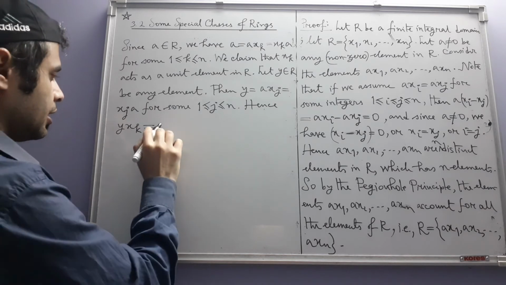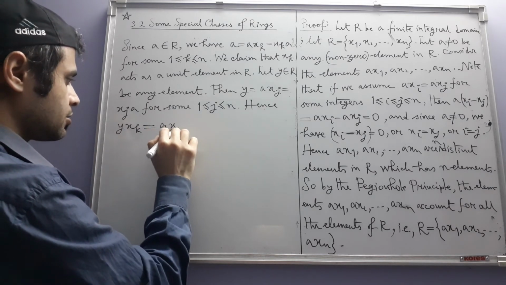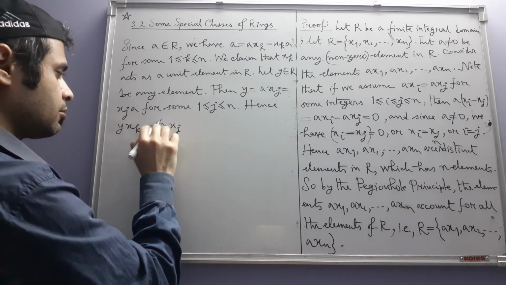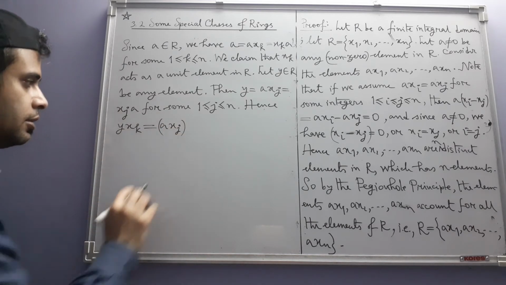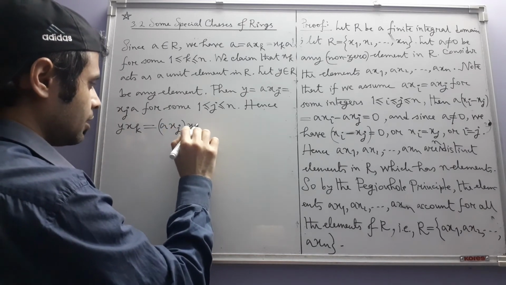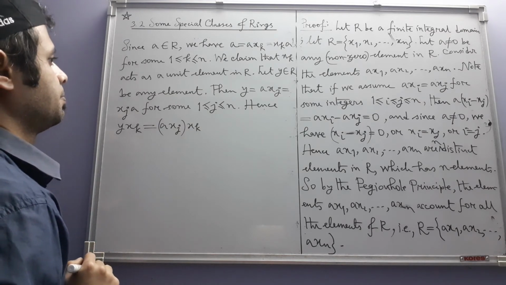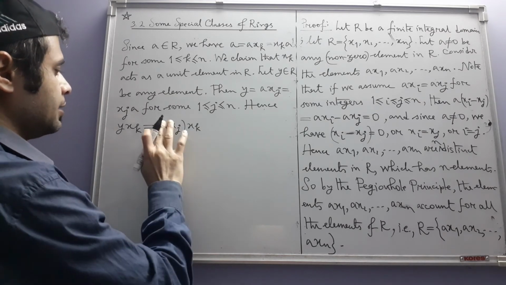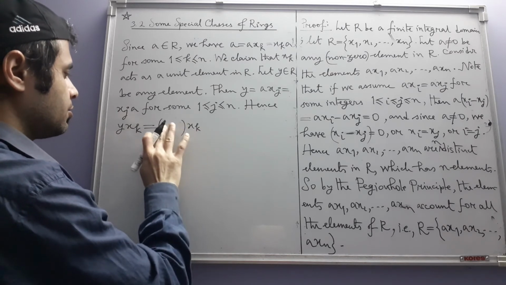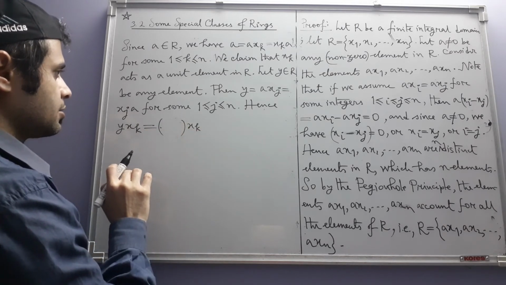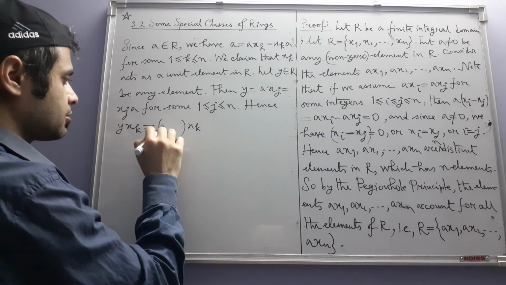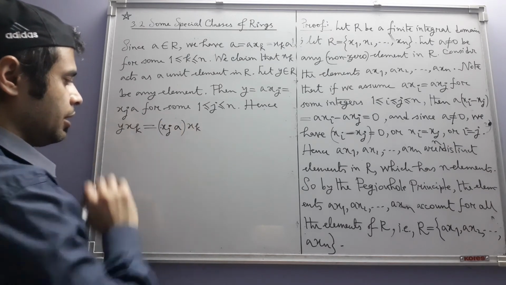Y can be written as axj, right? And we have xk, or I can also write, instead of writing axj, I can write xja.